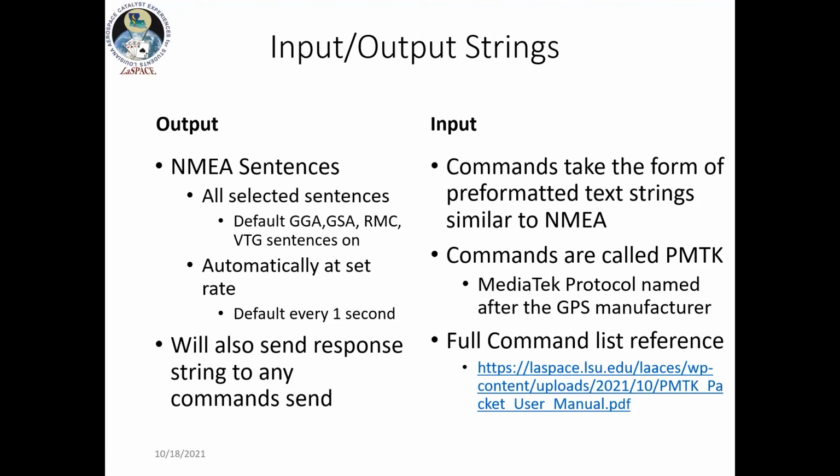Like with the sentences and some of the other things, that's something you can change. An output rate of once a second is pretty good, and that's pretty useful, but you can change that. I believe the maximum value is you can have it output as low as once every 10 seconds, and then as quickly as transmitting it every 10th of a second.